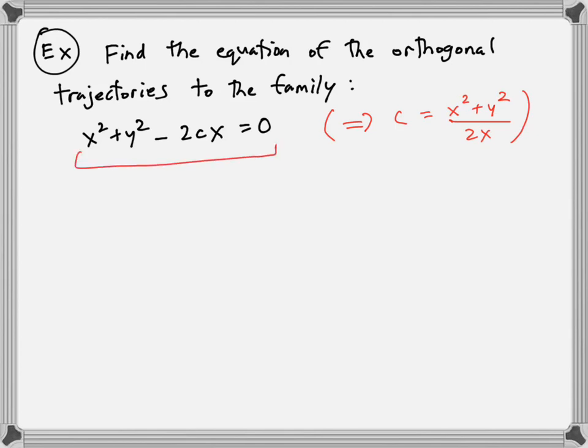If we take the derivative with respect to x of both sides, we end up with 2x plus 2y times dy dx minus 2c is equal to 0.